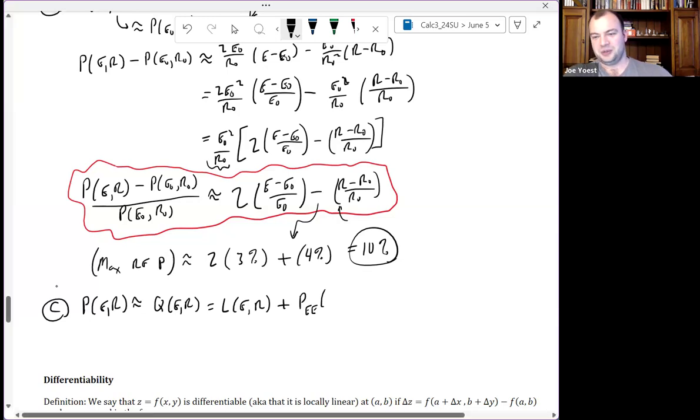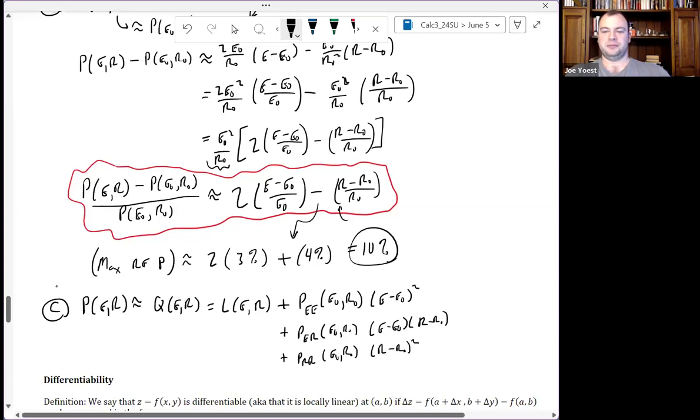So P sub EE of E naught R naught, the second partial with respect to E, times E minus E naught squared, plus P sub ER, E naught R naught, times E minus E naught times R minus R naught, plus P sub RR, E naught R naught times R minus R naught squared. These would be the quadratic terms that would be added on to the linear terms.